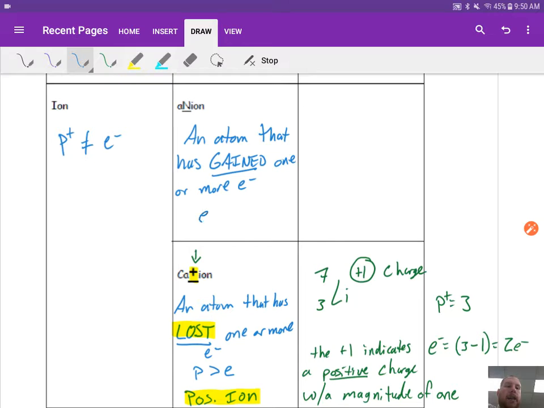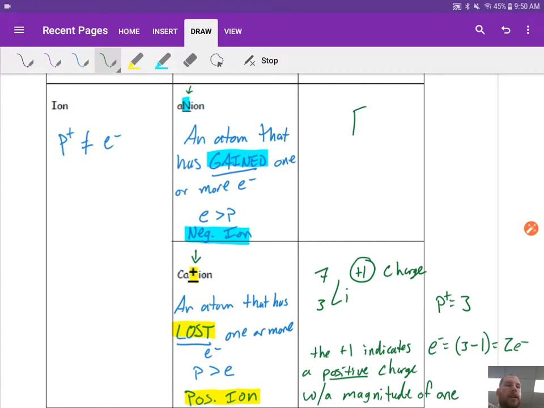So now the electrons are greater than the protons. Well, what's the charge on an electron? It's negative. So now we have a negative ion. The easy way for me, and hopefully for you, to remember that is that N. It's got an extra N because it's negative. That's how I like to remember it. Hopefully that can help you.